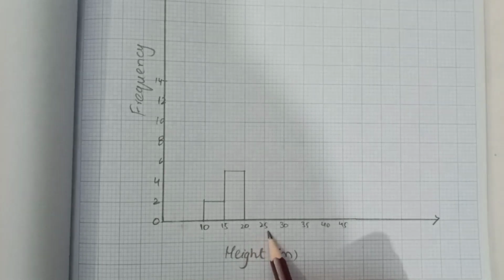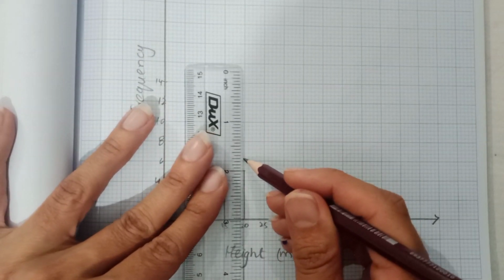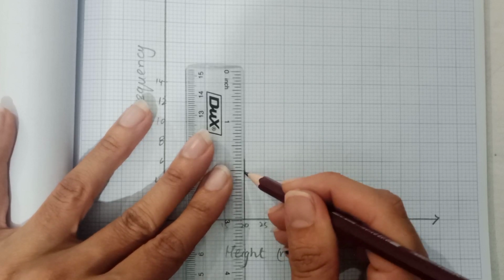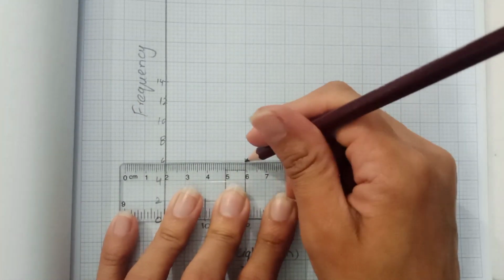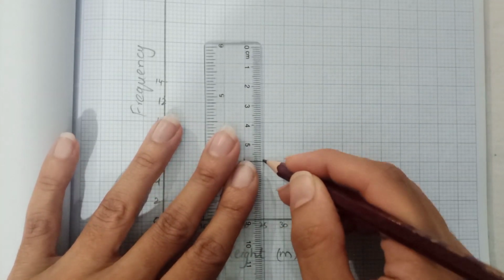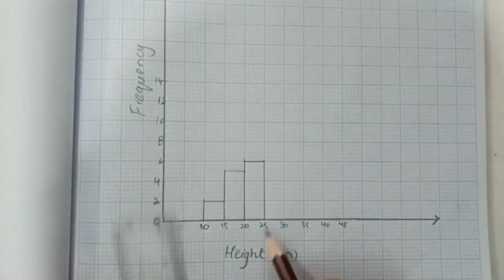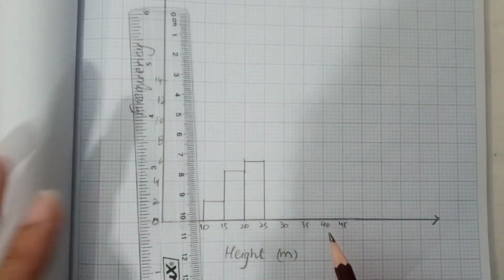And from 20 to 25, the frequency is 6. From 25 to 30, the frequency is 12.